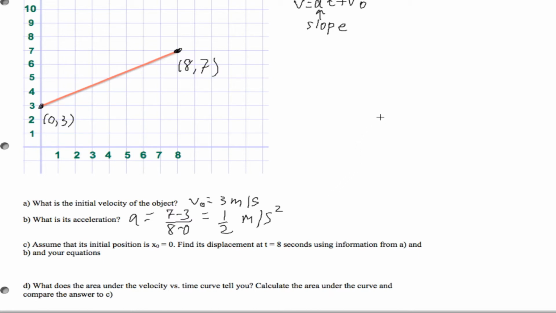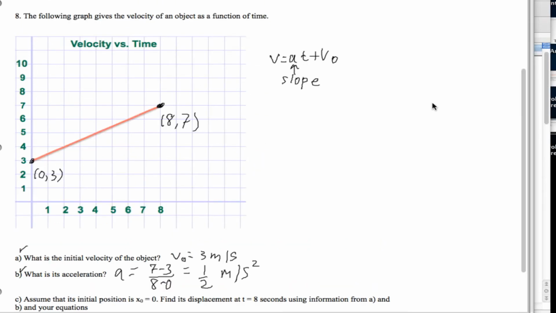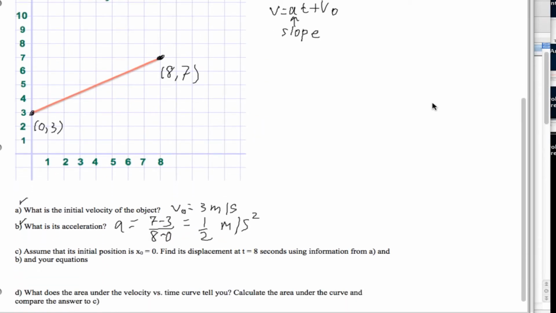Now for part C, they say use the information from A and B to get me the displacement. So using the information from the graph that we calculated, we're going to plug these numbers into our kinematics equation to get the displacement.